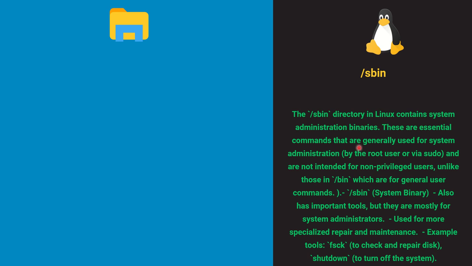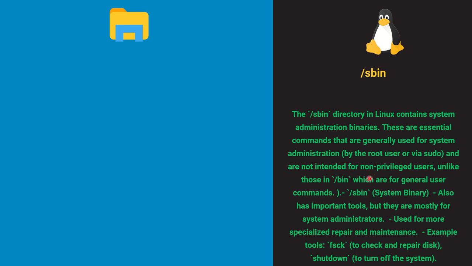Then sbin. As we talked about binaries on the previous slide, they are essential for day-to-day operations. In the same way, the sbin directory contains system-related binaries. These are essential commands that are generally used for system administration, and they are used by the root user, and a normal regular non-privileged user will not have access to this sbin directory.